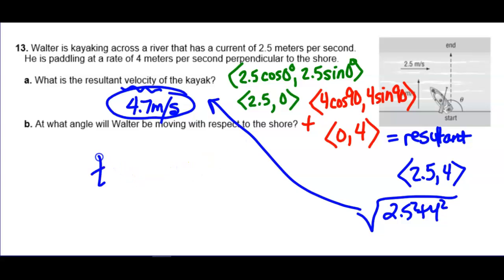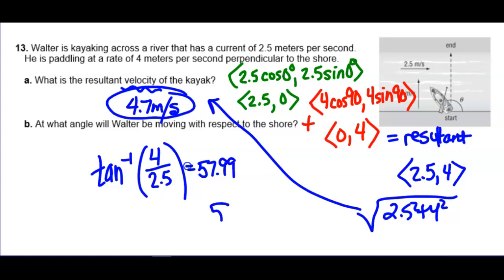It is going to be the inverse tangent of y over x, where we're plugging that resultant in over here. Inverse tangent of 4 divided by 2.5 is basically 58. It's 57.99. He's going to make a 58-degree angle with the shore.